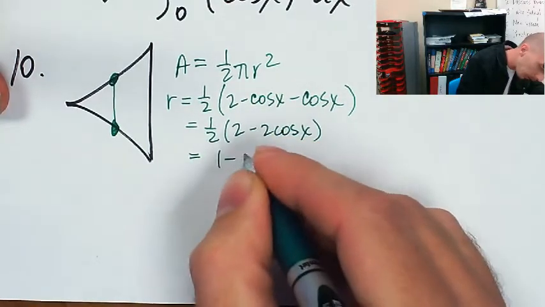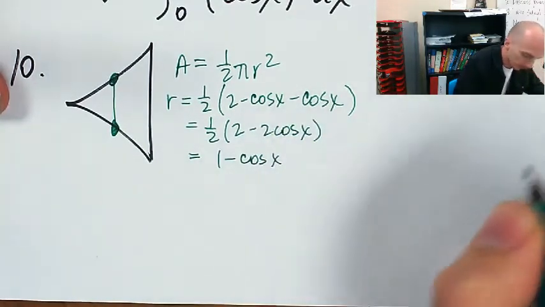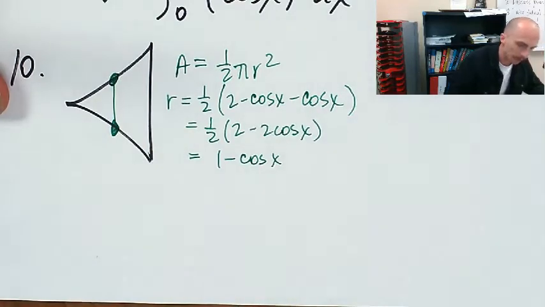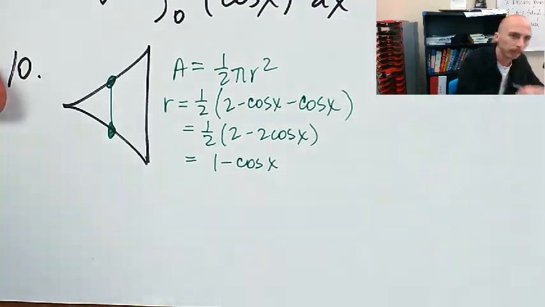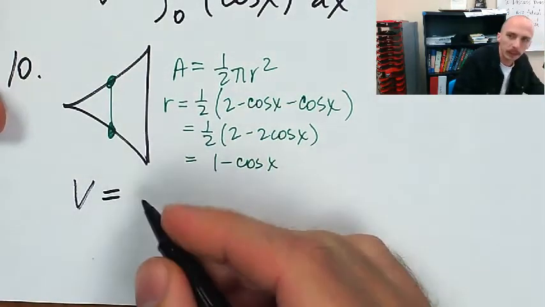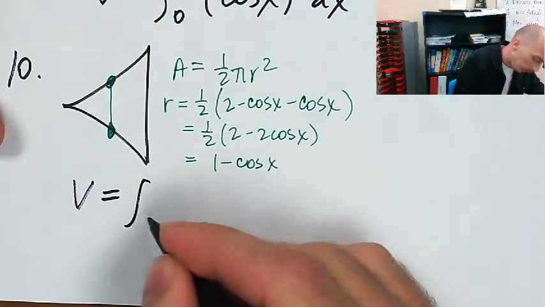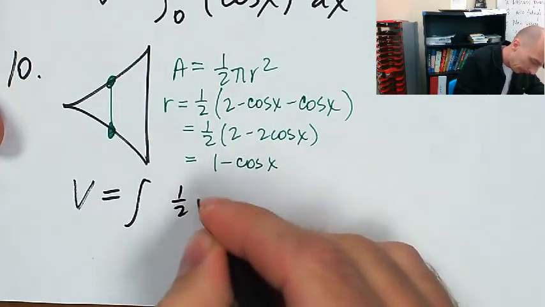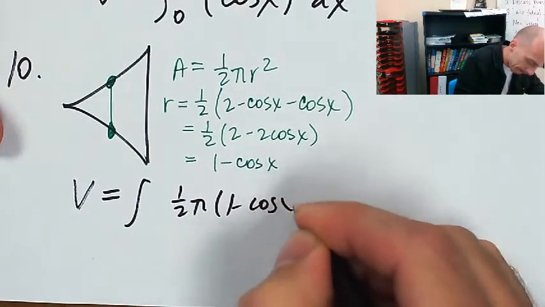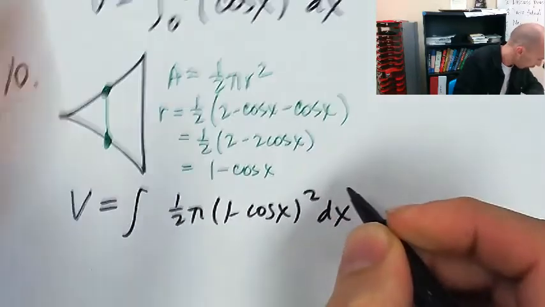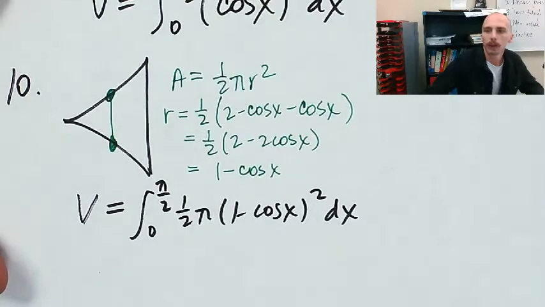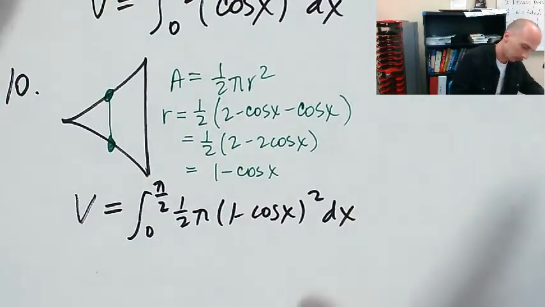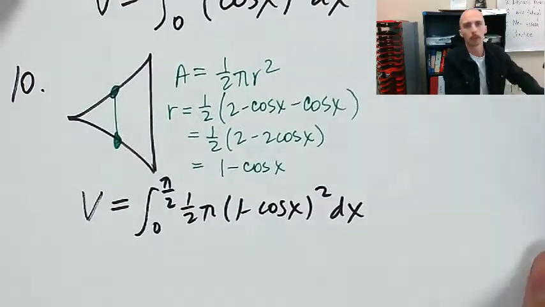And that's 1 minus cosine x. I know that volume is going to be the integral of the area formula as x runs from, again, 0 to pi over 2. And yeah, that's far enough. No cosine squared x by hand.